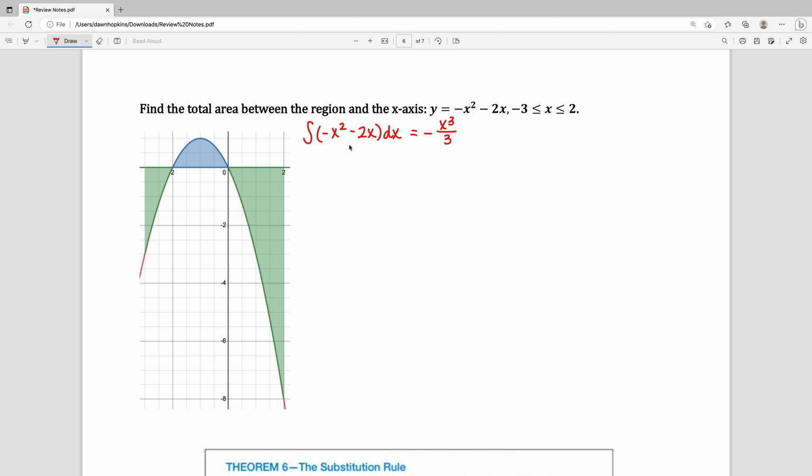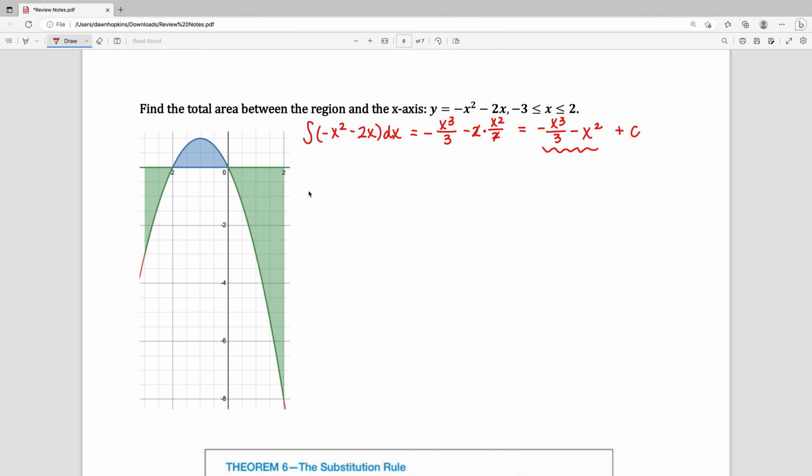Then minus 2x, when you integrate x, it's x squared over 2. So these would cancel. So you're left with negative x cubed over 3 minus x squared. And if it's an indefinite integral, you'd have your plus c. But we're going to be focusing on this part here in just a minute.